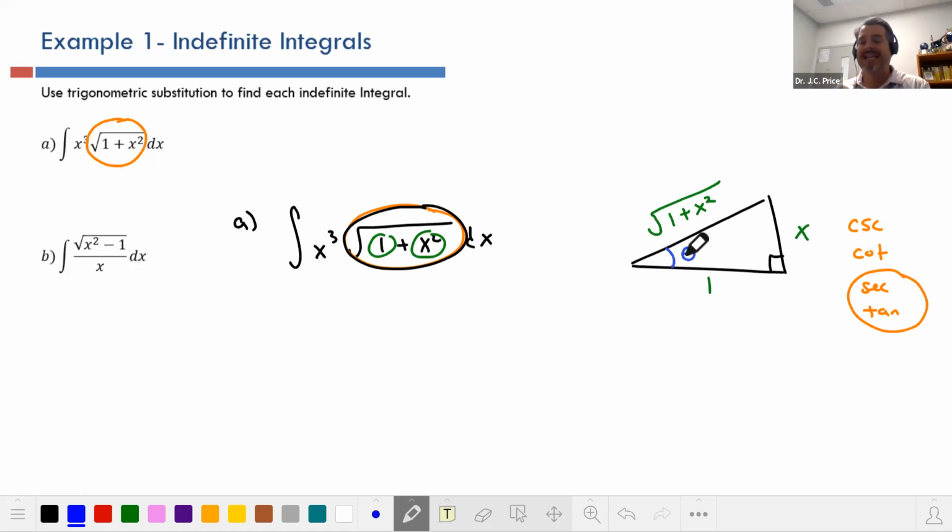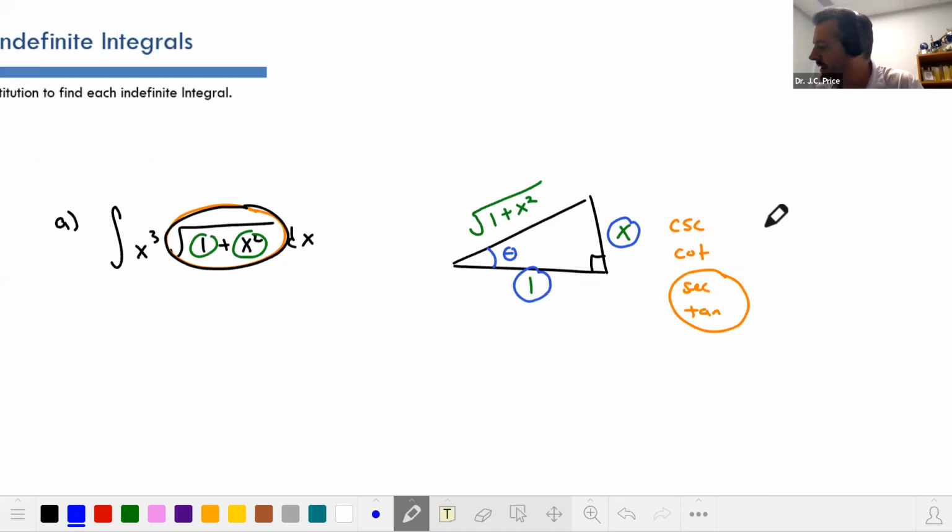And so what I'm going to do is use this right triangle to do what we call a trigonometric or a trig substitution. And how do I do that? Well, the idea is I want to use the two easiest sides, some trigonometric relation using x and 1 and also theta. And this is going to come from my old friend SOHCAHTOA.